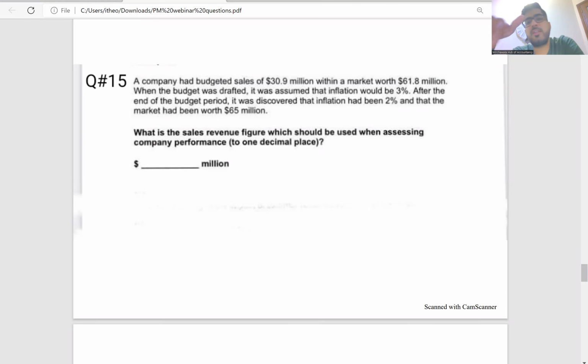But it was discovered that inflation had been 2%, and that the market had been worth 65 million. What is the sales revenue figure which should be used when assessing performance?